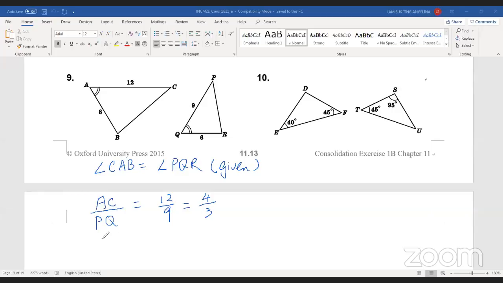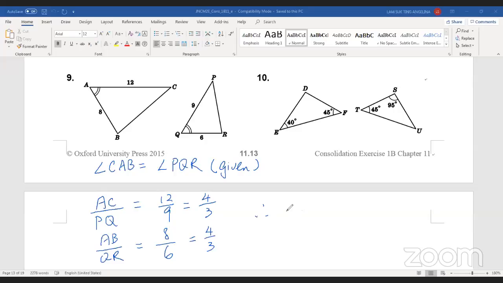And then I can use AB. AB compared with QR, right? Which is 8 over 6. Cancel the common factor 2. Then I have 4 over 3.